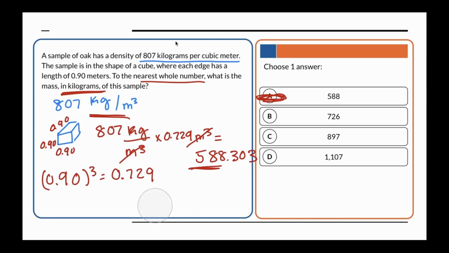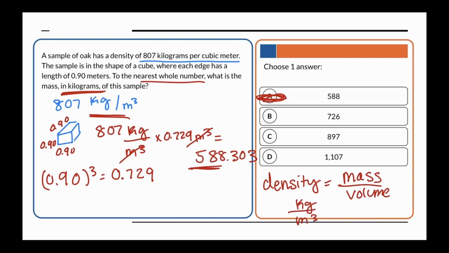So density equals, no, is it mass divided by volume? Yes, sorry. It's mass divided by volume. And so we get kilograms over meter cubed, and kilograms is mass, and meter cubed is volume.